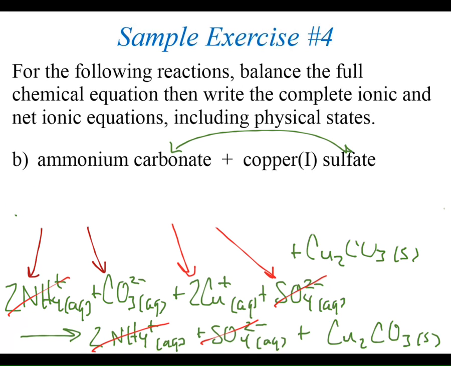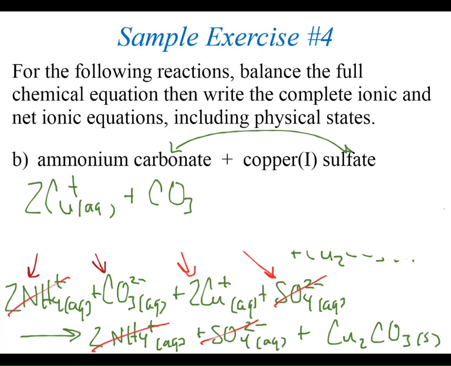I'm left with 2 coppers and a carbonate going to copper 1 carbonate. The order doesn't matter. You could have written CO3 2 negative plus 2 coppers goes to that. That's fine too. I just normally put the copper first, but it doesn't really matter.